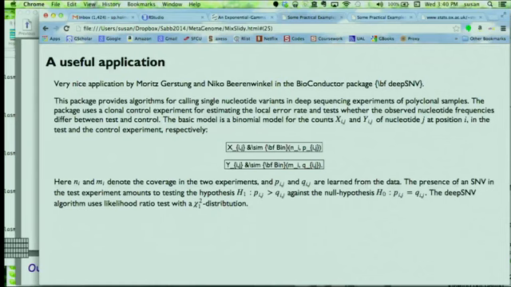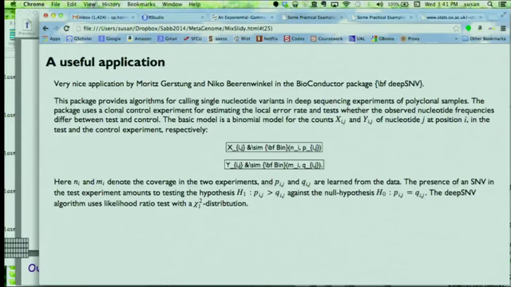So here we have the beta binomial, which was used in the very nice Bioconductor package by Nico, called DeepSNV, for single nucleotide variants. It's looking at an enrichment of the binomial model where you put information in the p's.